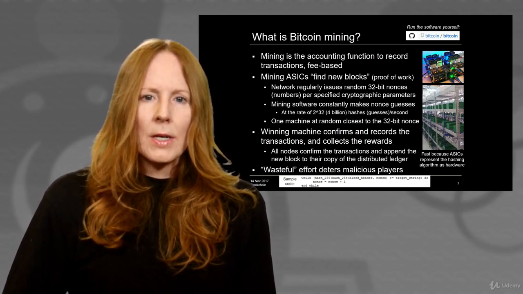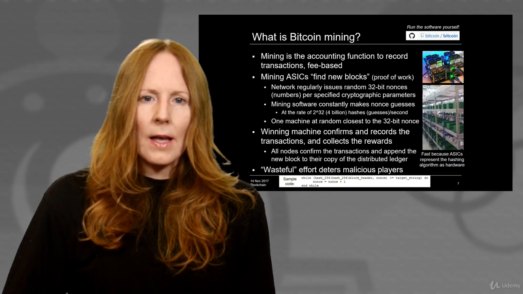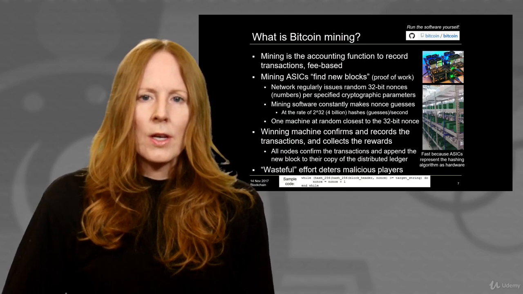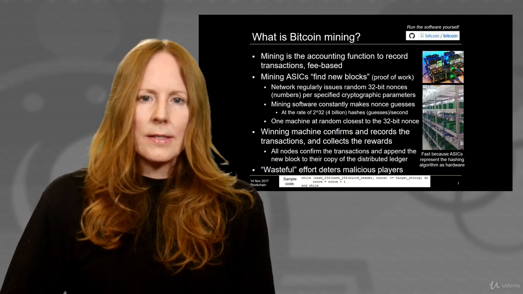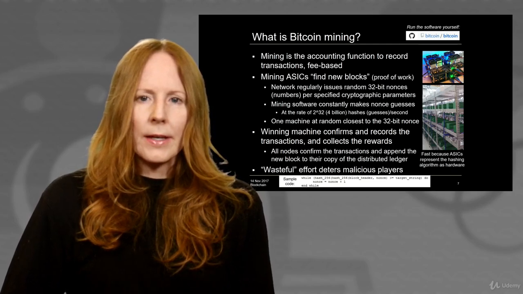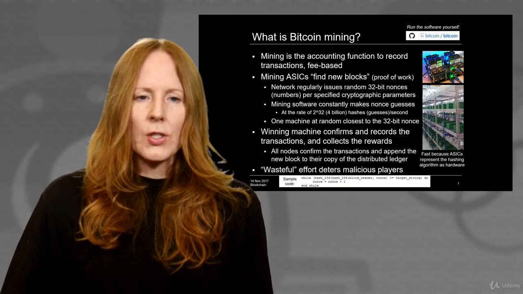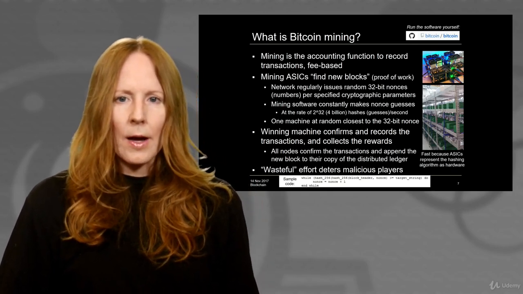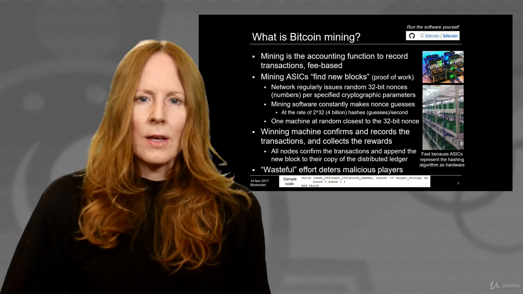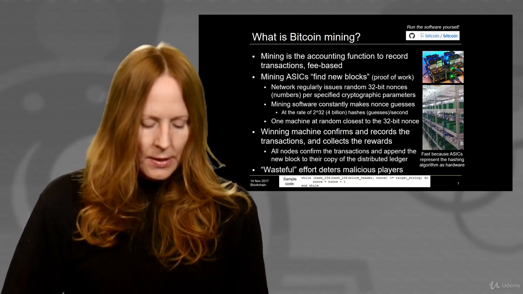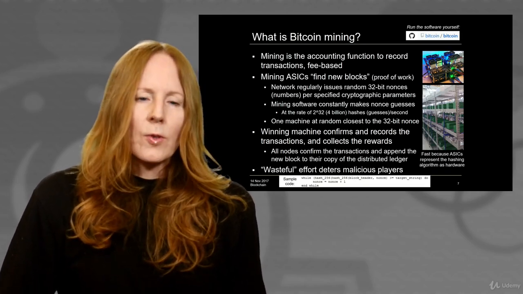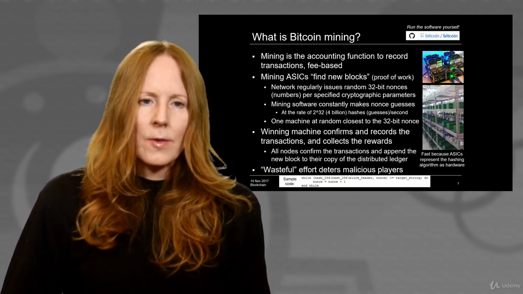As I mentioned, what happens is that the network regularly issues random 32-bit nonces per specified cryptographic parameters, and the mining software and hardware constantly makes nonce guesses at a rate of 4 billion per second. One machine at random guesses the correct random number and wins the ability to confirm and record the transactions and update the other nodes. The wasteful effort makes the system very secure.